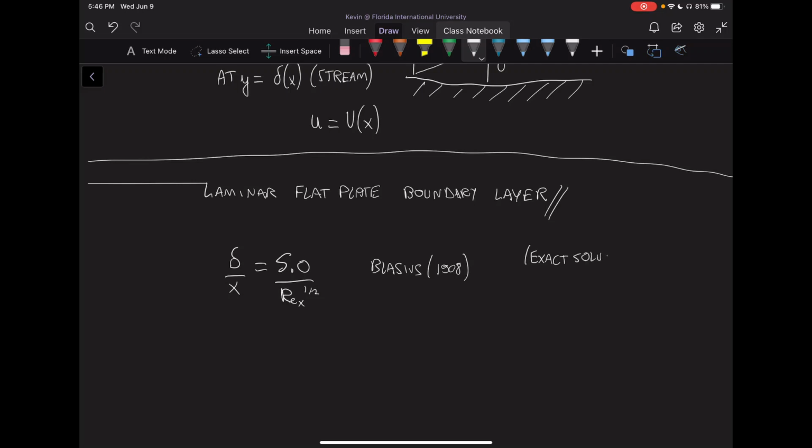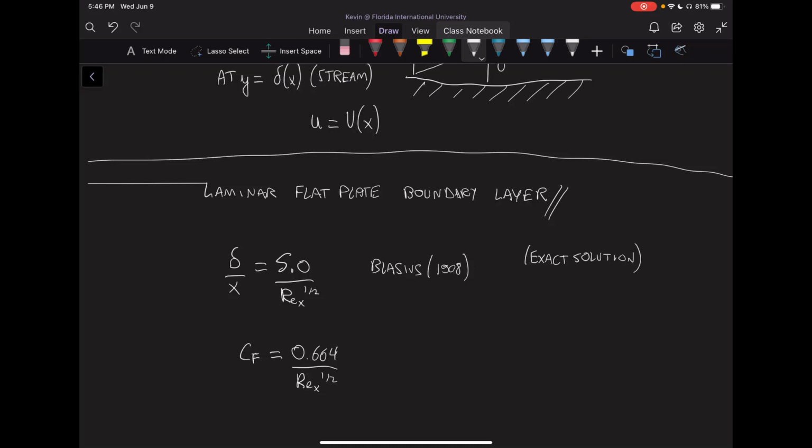And this is the solution we're going to use for laminar flow. In the same way, our CF, or our coefficient of friction, is going to be equal to 0.664 divided by Reynolds x to the 1/2. Also derived from this.